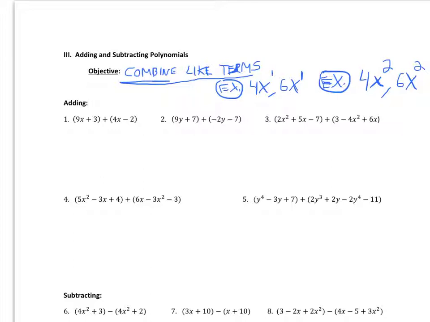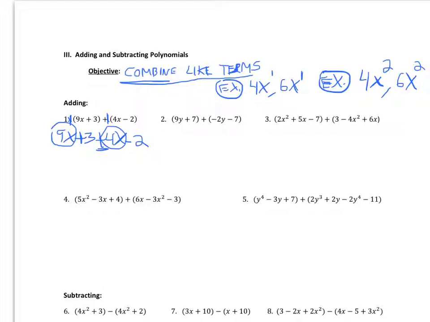So number one, we first see if I add these like terms. Now see how they're both in parentheses? You really can get rid of the parentheses because it's like you're distributing 1 to this. It still stays as 9x plus 3. If you distribute 1 to that, 1 times 4x minus 2 is still positive 4x minus 2. Then we just combine like terms. So I have 9x and 4x, and there's a positive before it.